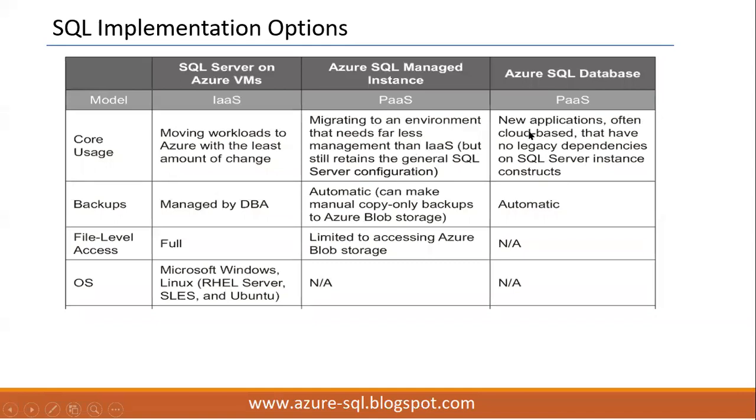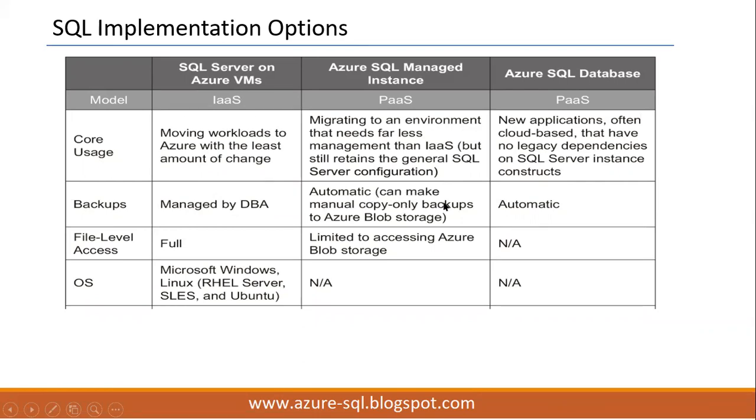For new applications, often cloud-based with no legacy dependencies, basically for new startup applications, we can go with Azure SQL database. Backups are managed by the DBA; we need to schedule and manage them. In the case of PaaS, automatic backups are there, no need to configure.